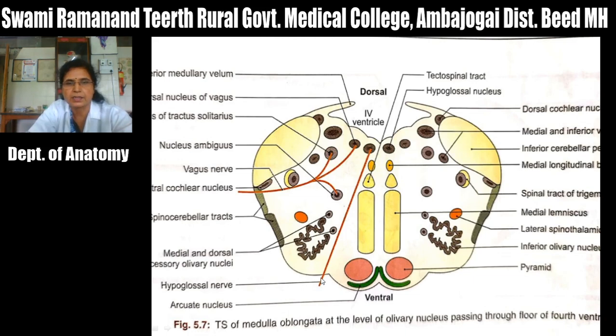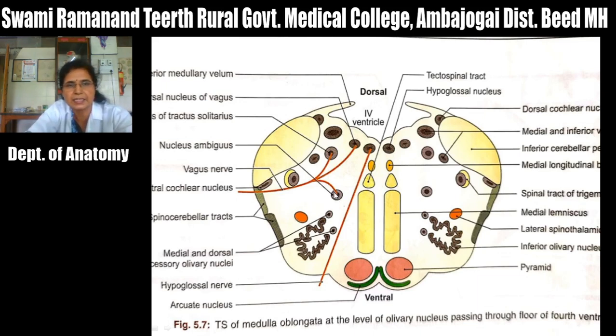Efferents of this nucleus form the hypoglossal nerve, which emerges at the anterolateral sulcus and supplies the muscles of the tongue. Then the next column is the special visceral efferent column, and the nucleus here is the nucleus ambiguus. It forms the nucleus of the branchiomotor column, that means it supplies muscles derived from the branchial apparatus.